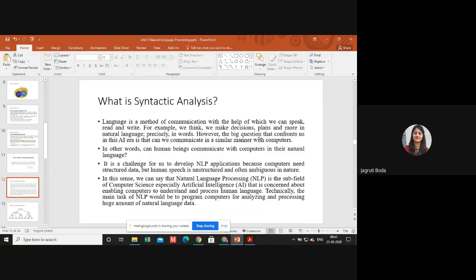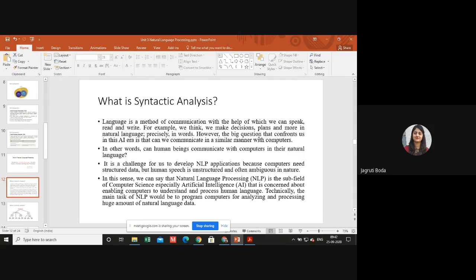Or syntactic analysis. Language is a method of communication with the help of which we can speak, read and write. For example, we think, we make decisions, plans and more in natural language, precisely in words, right? However, the big question that confronts us in this AI era is whether we can communicate in a similar manner with computers, right?